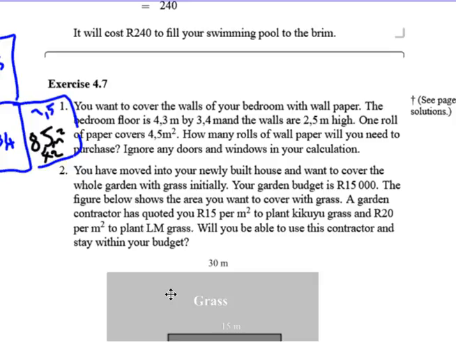Okay, but at the end of the day, my area would be, so if I did it as 8,5 plus 8,5 plus 10.75 plus 10.75, if you didn't want to times it by 2, the total area you need to wallpaper is 38,5. And it's meters squared. It's still area.